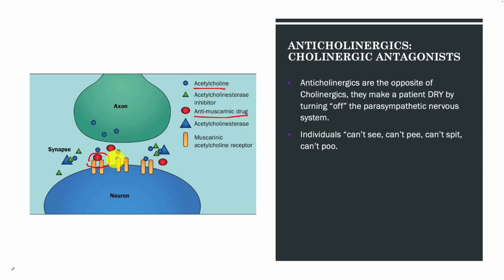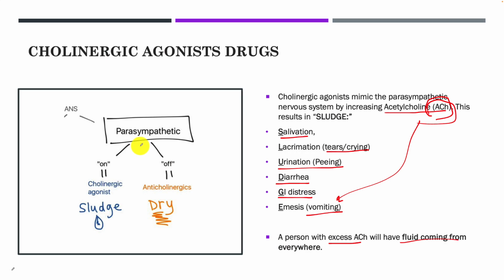So they're blocking that chemical signal. That's what an antagonist would do. And thinking about this sludge again, if we had the antagonist, these things would all slow down or dissipate or dry up. And if we had an agonist, these things would be increased.